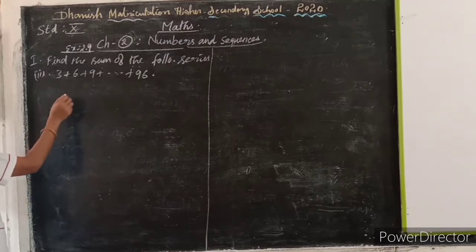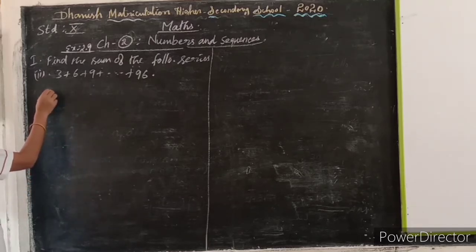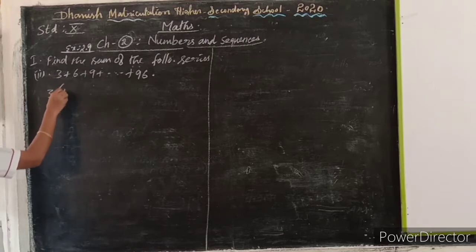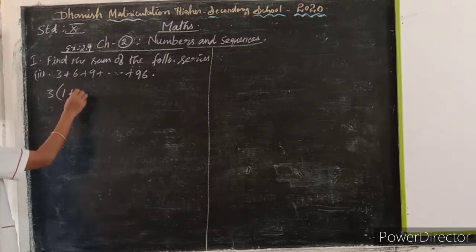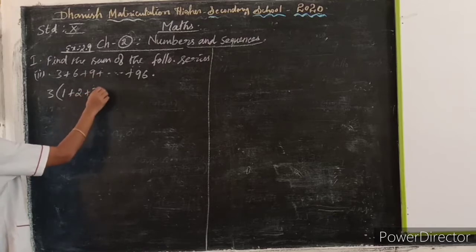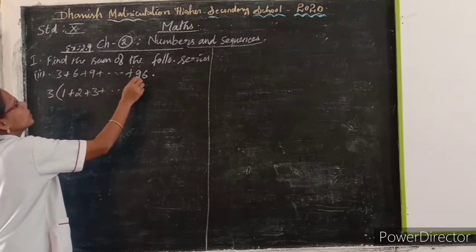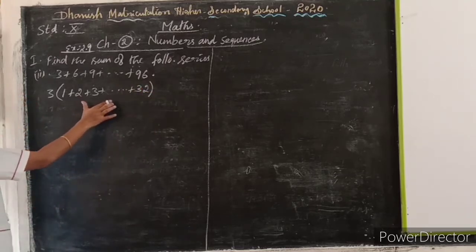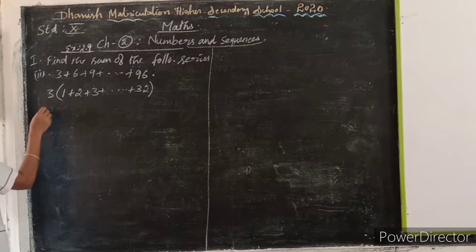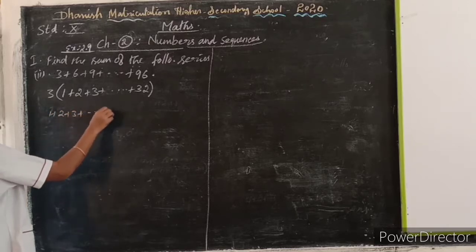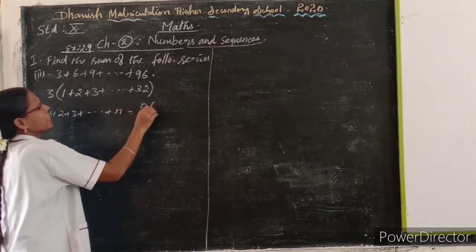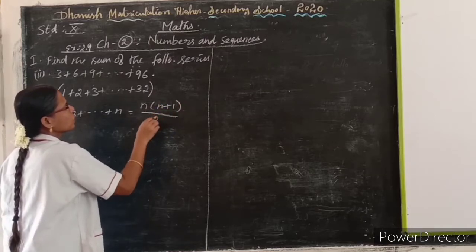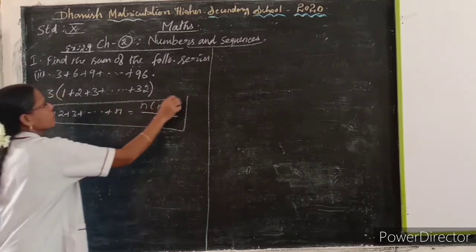So here the 3 table is common, so taking 3 as common: 3 into (1 plus 2 plus 3 plus etcetera up to, here 3 thirty-twos are 96). This is our first n natural numbers. So apply the formula: the sum of the first n natural numbers, 1 plus 2 plus 3 plus etcetera up to n, is equal to n into (n plus 1) by 2. This is the formula.